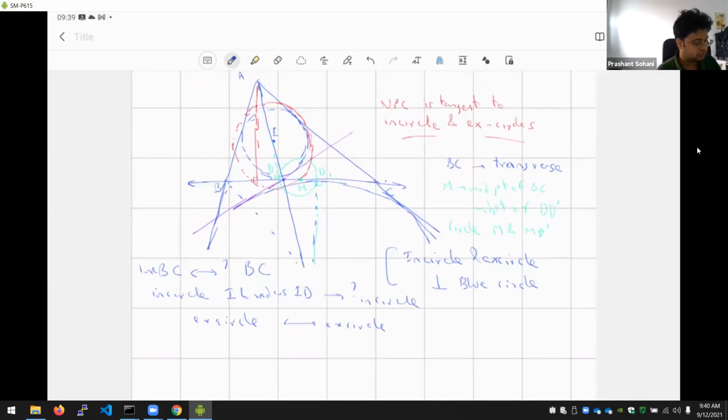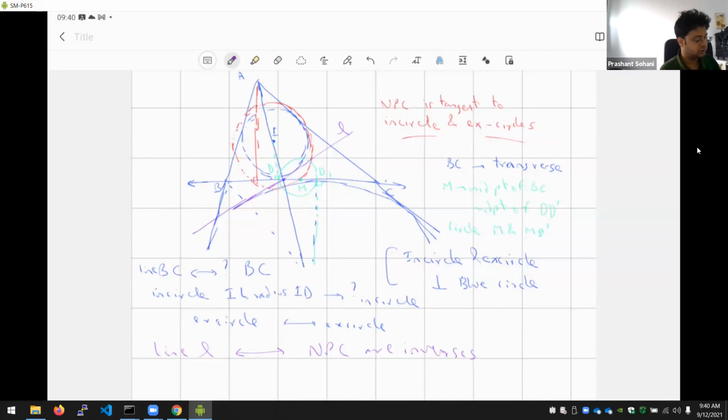So this is our claim. This purple line which I've drawn, let me call it line L. This line L, which we know is a common tangent to the incircle and excircle, we are going to show that this line and the 9-point circle are inverses.